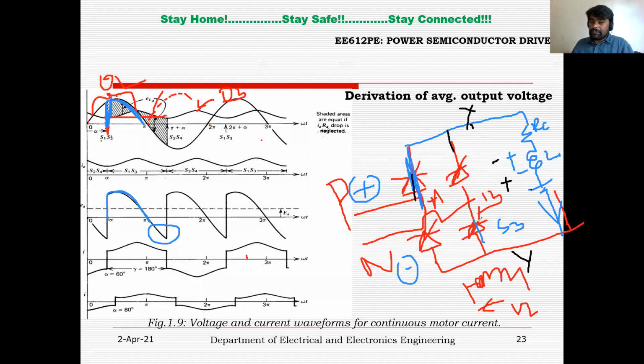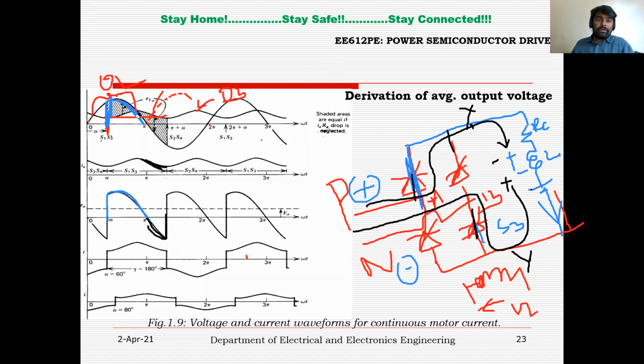Since devices S1 and S3 are already in the conduction state, the current leaves from L positive to the battery to the source, through S3 anode and cathode, and back to the source like this. Similarly, the reversal of current will be something like this. So we will have a discharging current, and voltage across the load because it is not short circuited. That is why you can see the negative peak across the load, right?